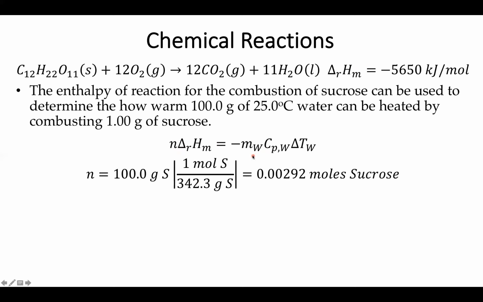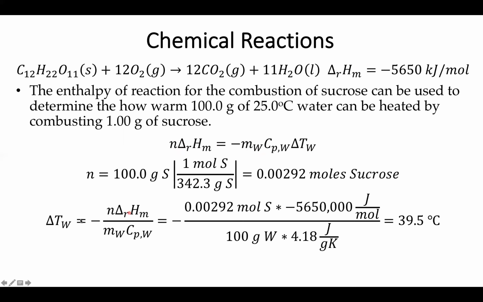That means the only thing I need left is the heat capacity of water, which we know, the mass of water, which we know, 100 grams, and then I can solve for the change in temperature. So we set up by solving for the change in temperature, dividing both sides by negative mass of water, heat capacity of water, plug in all of our numbers, and we find out that we heat the water by almost 40 degrees C.